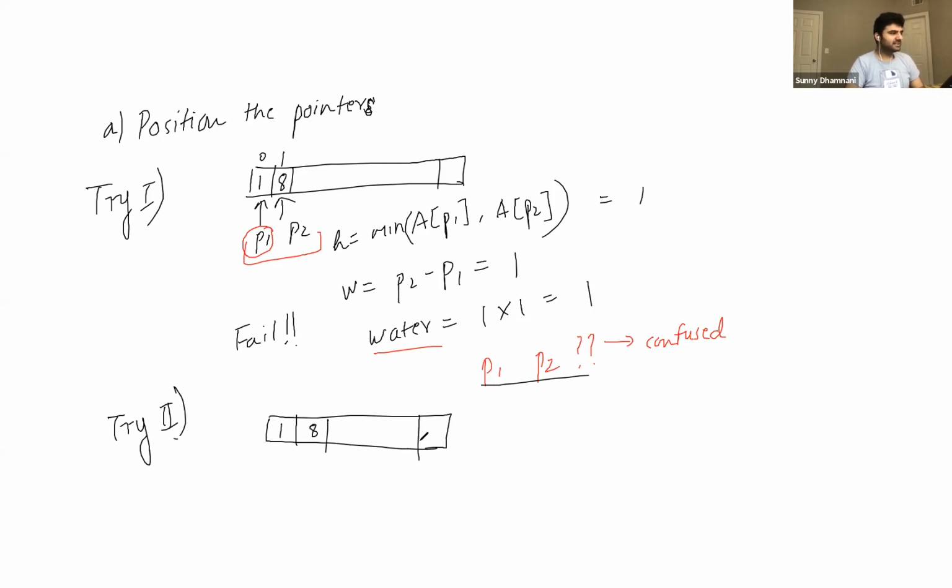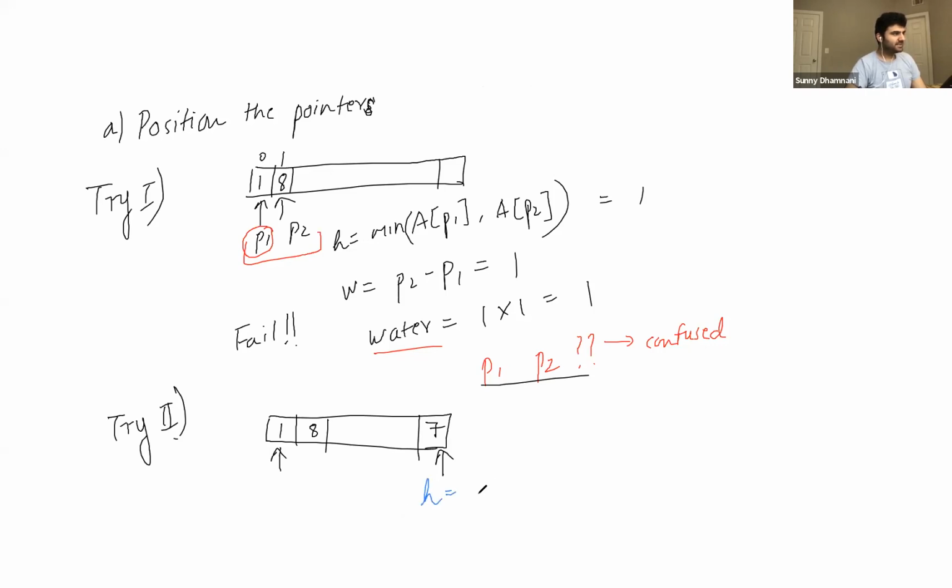Okay, so the last element was what? Last element was 7. Okay. Now I position pointers first and last. So let me think of a conclusion.